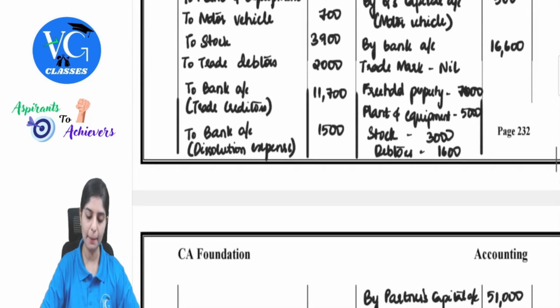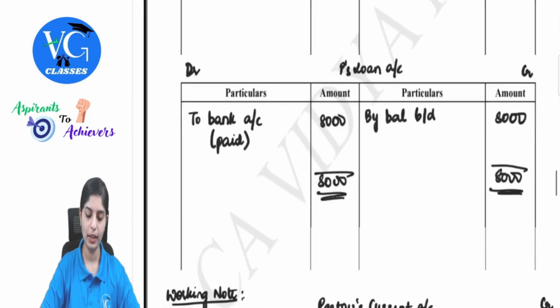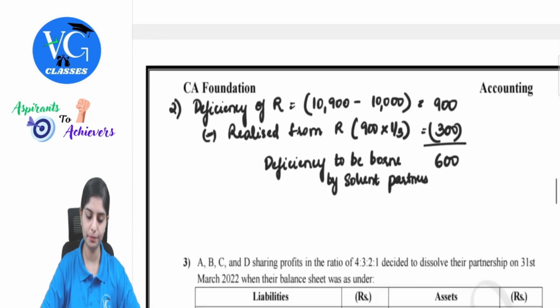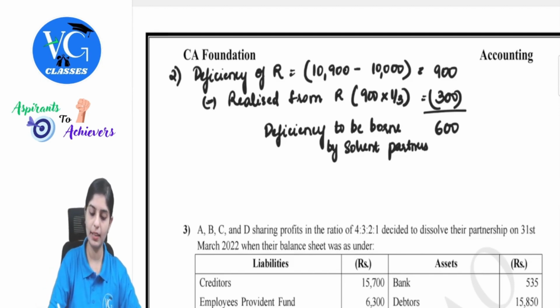So what will be the capital ratio to bear the deficiency between P and Q? It will be 2:2. This 600 will be borne as 2 by 4 and then 2 by 4, by P and Q. So 300 by P and 300 by Q.